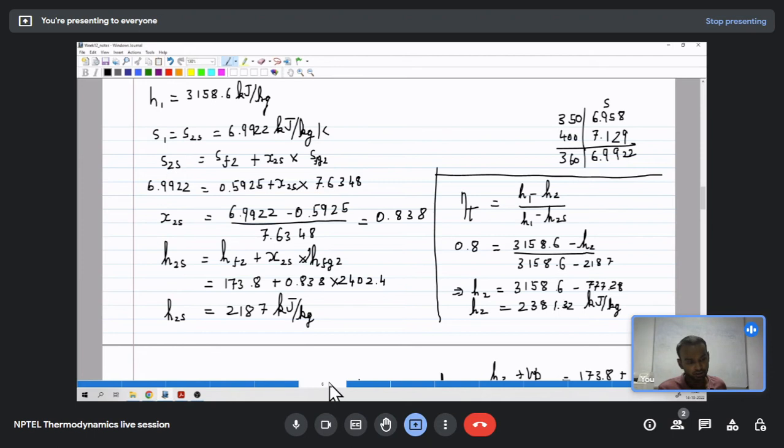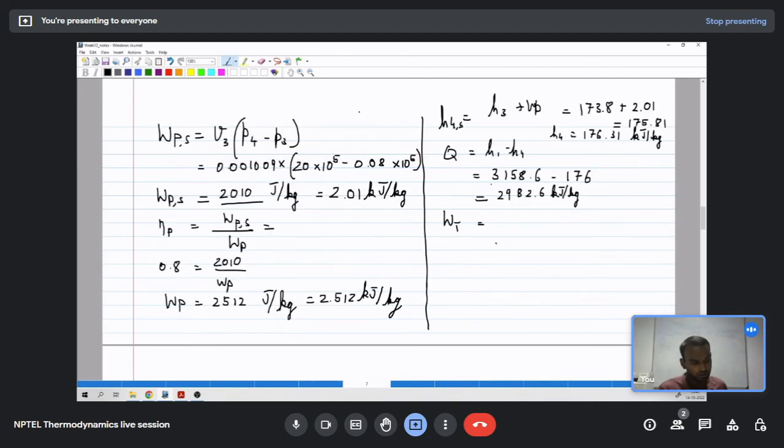For turbine work we have 3158.6 minus the H2 values. We have both the isentropic turbine and the turbine with an inefficiency. I would write the expression: we have H1 minus H2s, or for the actual turbine we have H1 minus H2.